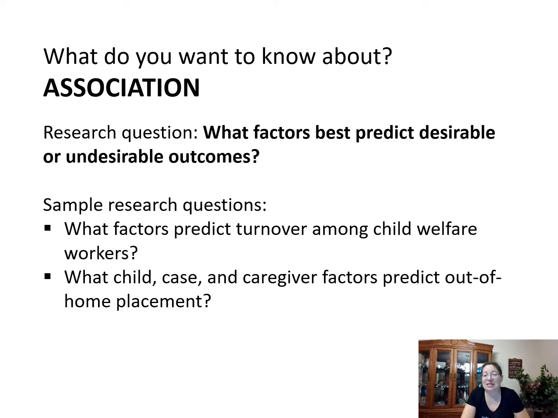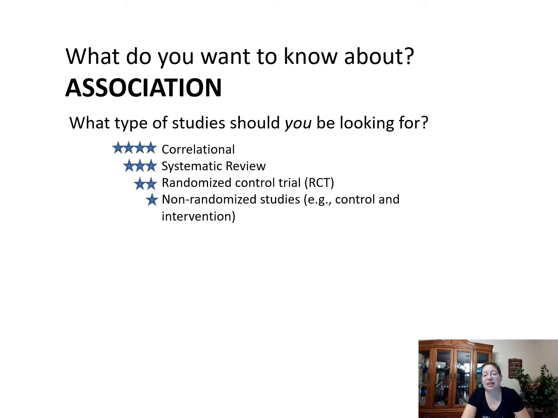If you want to know about an association, so what factors best predict desirable or undesirable outcomes, like for instance, what factors predict turnover among child welfare workers, or what child case or caregiver factors predict out-of-home placement, you should consider firstly correlational or cross-sectional studies, then systematic review studies, followed by randomized control trials, and lastly, non-randomized studies, such as control and intervention studies or waitlist studies.